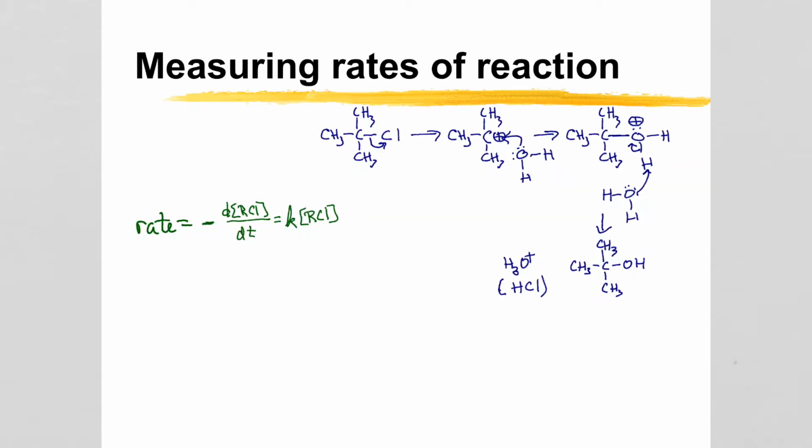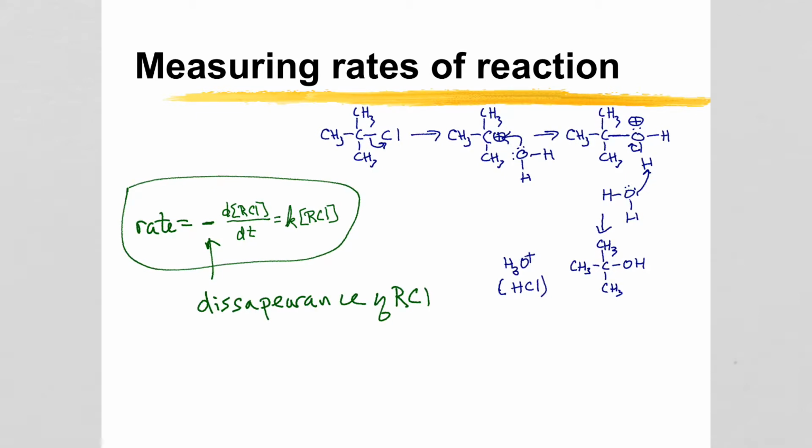Okay, so here's our reaction mechanism again, just to remind us what's going on. And here we have the rate equation for the reaction. The negative sign in front of the equation indicates that this is the rate for the disappearance of the alkyl halide as it's being consumed in the reaction.